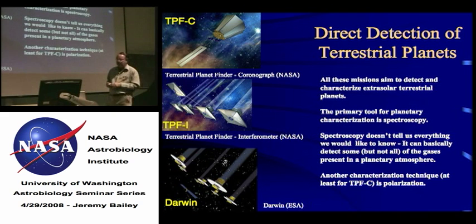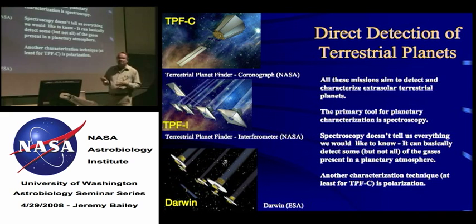An alternative approach is what's called TPF-C, Terrestrial Planet Finder-Coronagraph, and this is a large optical telescope, but working at visible wavelengths and using a technique called a coronagraph, an optical system to get rid of the light of the star and again reveal the planet at visible wavelengths.